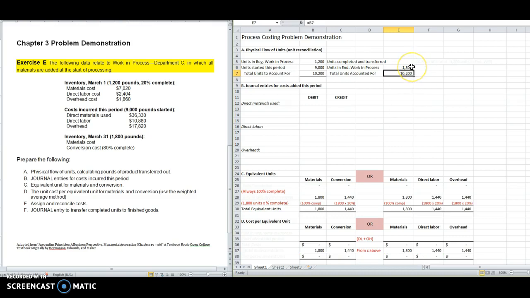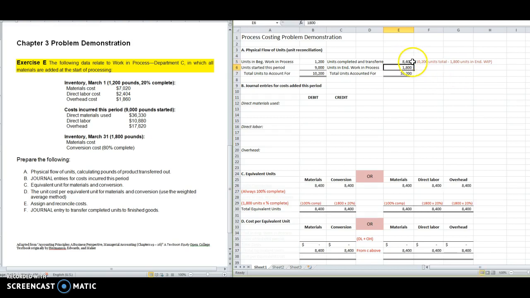So if we have 1,800 pounds in ending work in process, we need to figure out what happened to the rest of the units. So we will calculate the amount that was completed by taking the 10,200 units minus the 1,800 units in ending work in process.